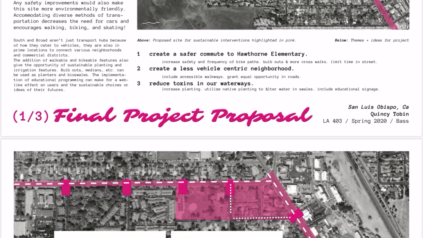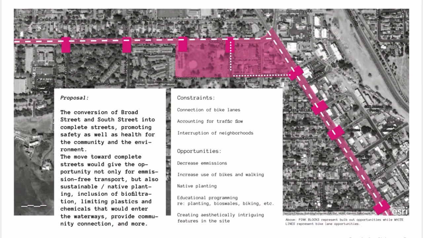And moving along, here we have this map kind of zoned out with different things that I want to put in this site. So you can go ahead and pause here to read over the proposal and constraints and opportunities.